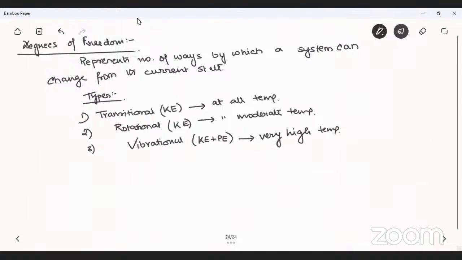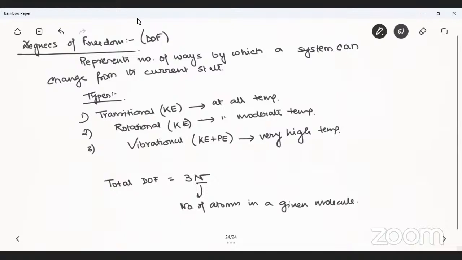So total degrees of freedom. We write degrees of freedom as DOF. What is the total degrees of freedom? That is obviously 3n. What is n? n represents the number of atoms in a given molecule.